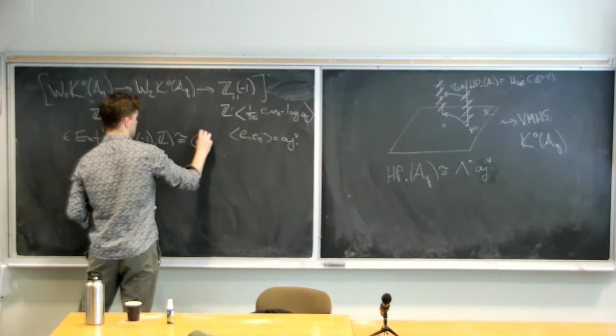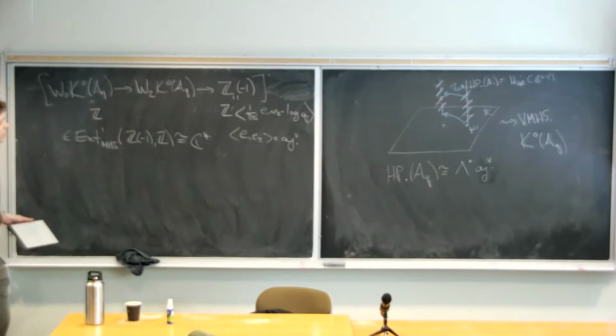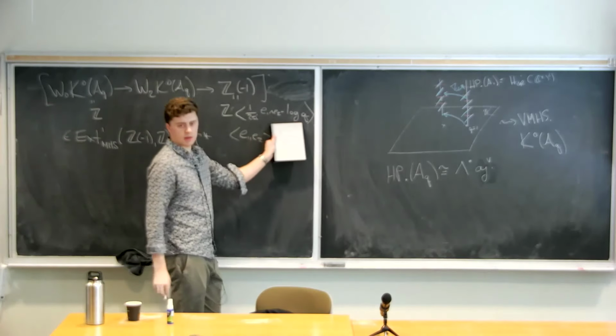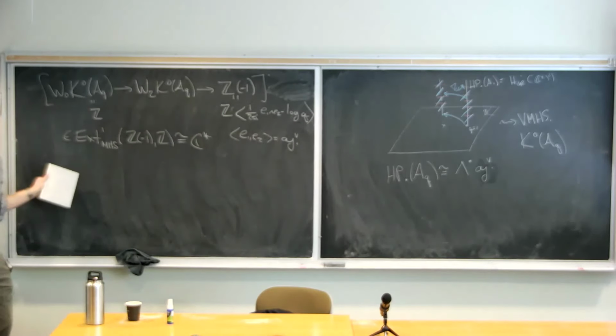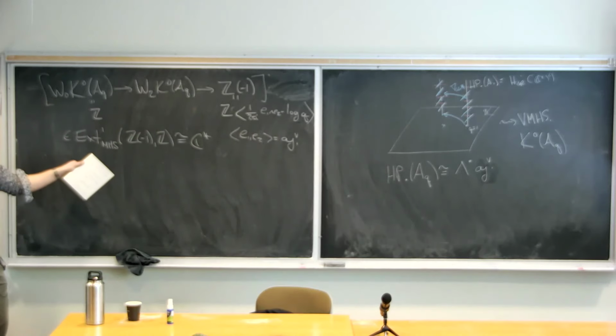And this is isomorphic to C*. Remember before, we had a lambda, and the parameter that it detected was e to the lambda.